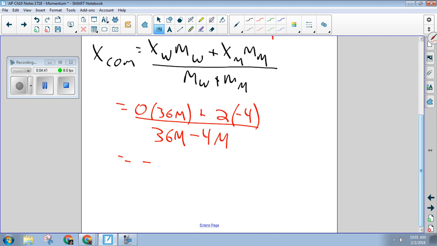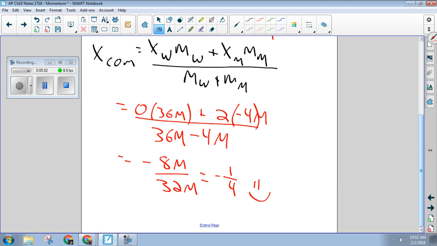So on the top, you're going to get negative 8m over 32m. It gives us negative 1/4 again, which is the same thing we got on Wednesday. Whoa. Cool? So that's kind of a cool little trick.